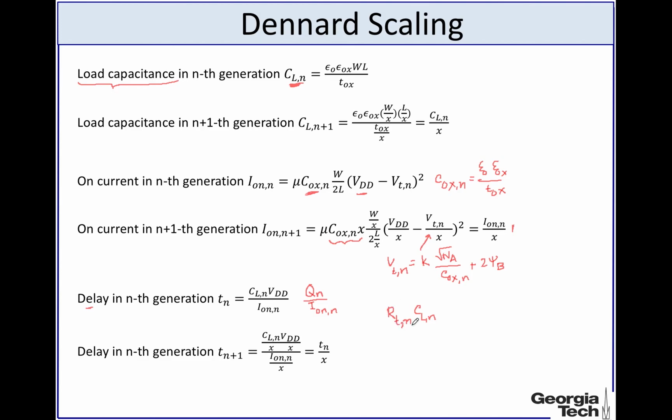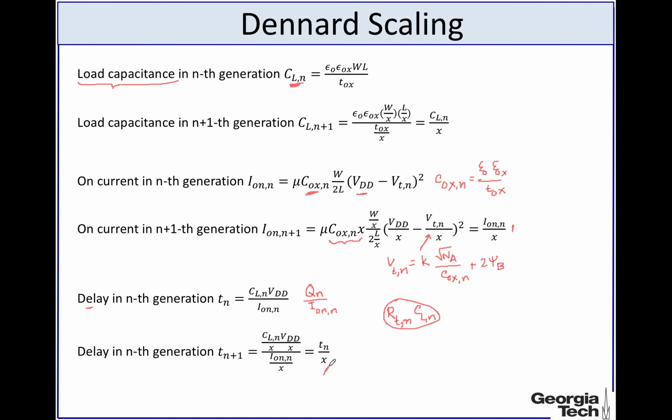Now if you use those equations and replace all the relevant parameters in subsequent generations, you will see a similar relation for the delay. So even if you use this equation to calculate the delay, you will see that the delay reduces by a factor of x.